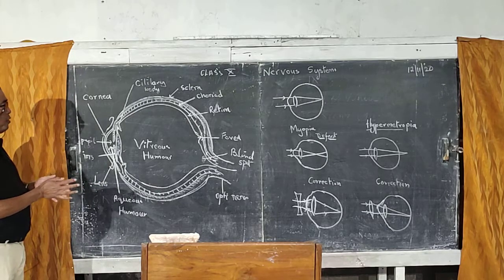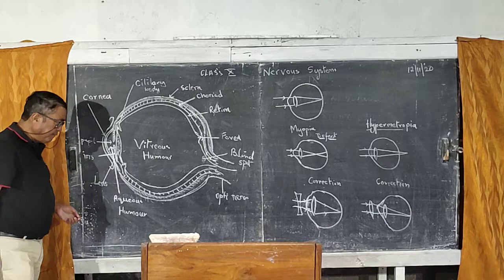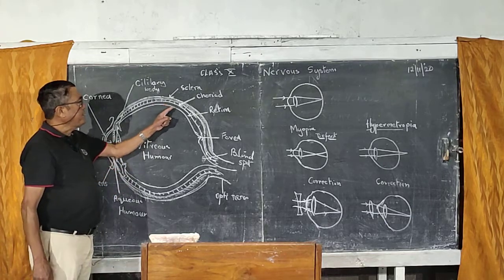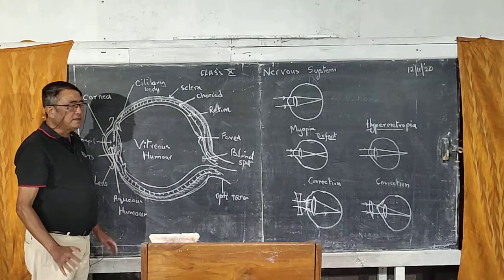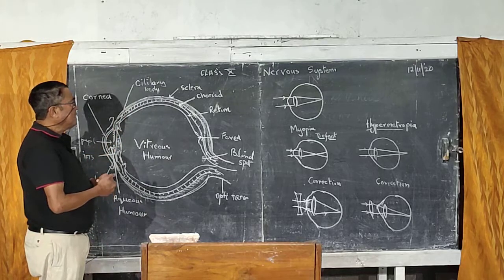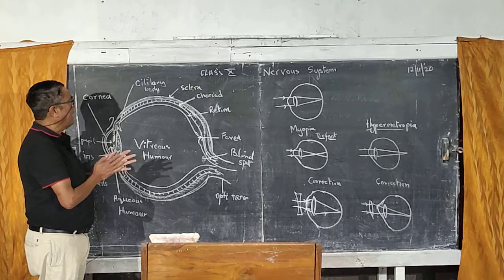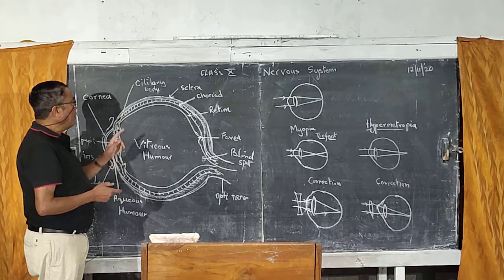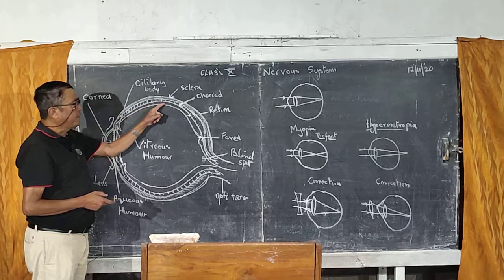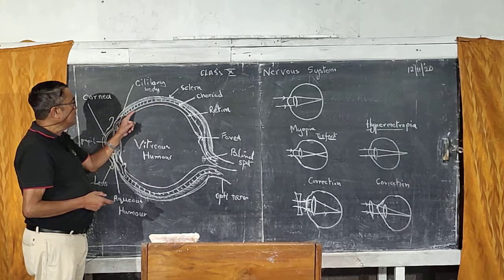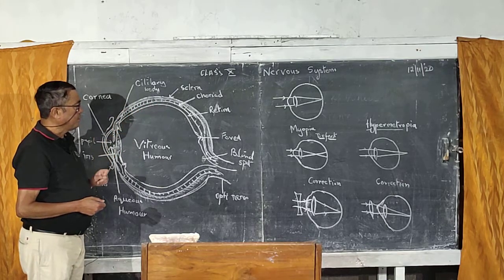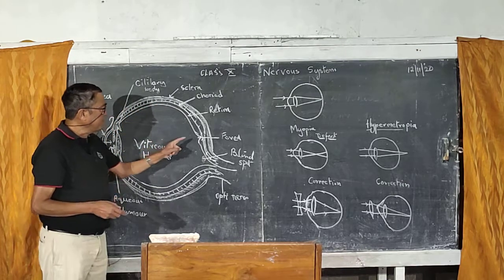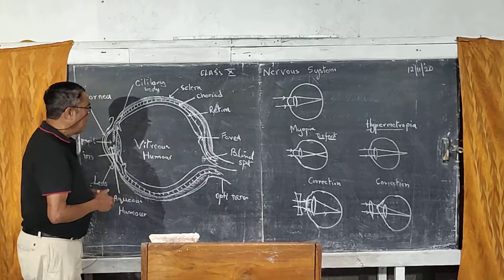Now the innermost layer of the eyeball is the retina, which is the light sensitive layer. It consists of rod cells and cone cells. Rod cells are towards the periphery and they are concerned with dim light vision, and cones are concentrated in the fovea.